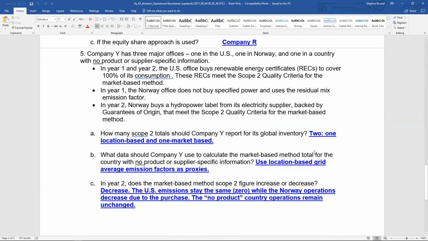Let's think about question 5. Okay, this concerned a multinational company with offices in the US, Europe, and one in some other unnamed country in which no product or supplier specific information is available. As we can see from the question stem, differentiated electricity products are available in the US and European, Norway markets, but not in this unnamed third country.